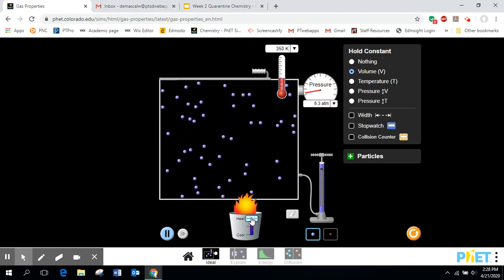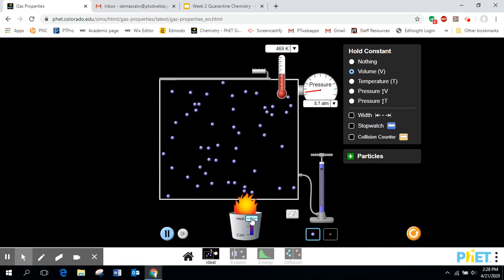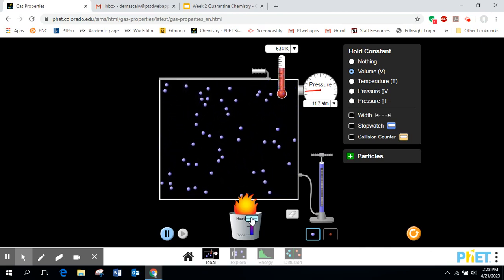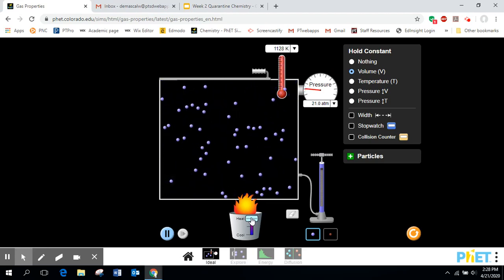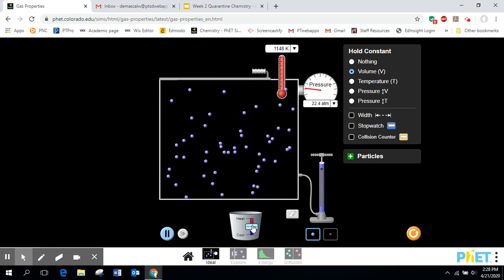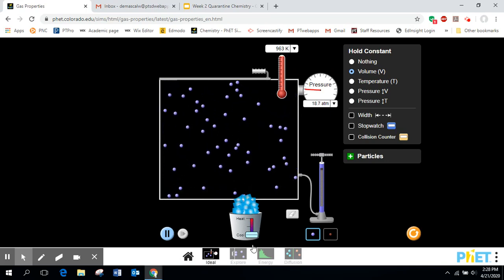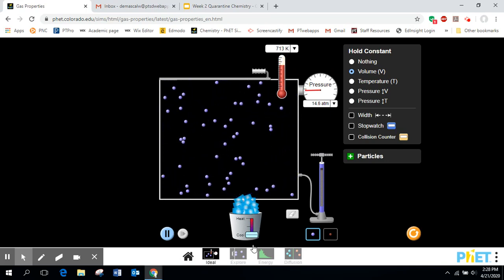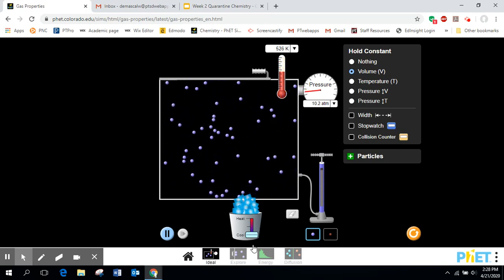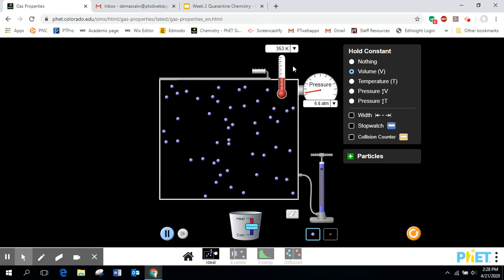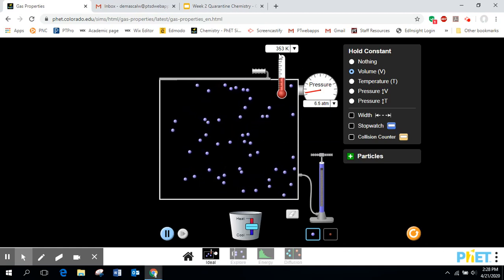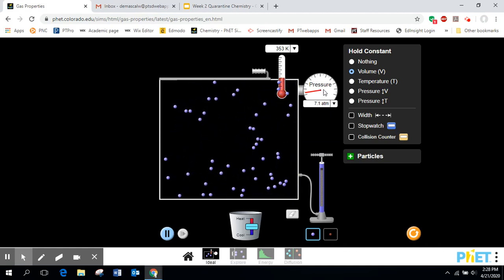If we turn up the temperature, look at how the pressure is changing. Temperature goes up, pressure goes up. Conversely, if we drop our temperature, you can see our pressure decrease. So temperature goes up, pressure goes up. Temperature goes down, pressure goes down.